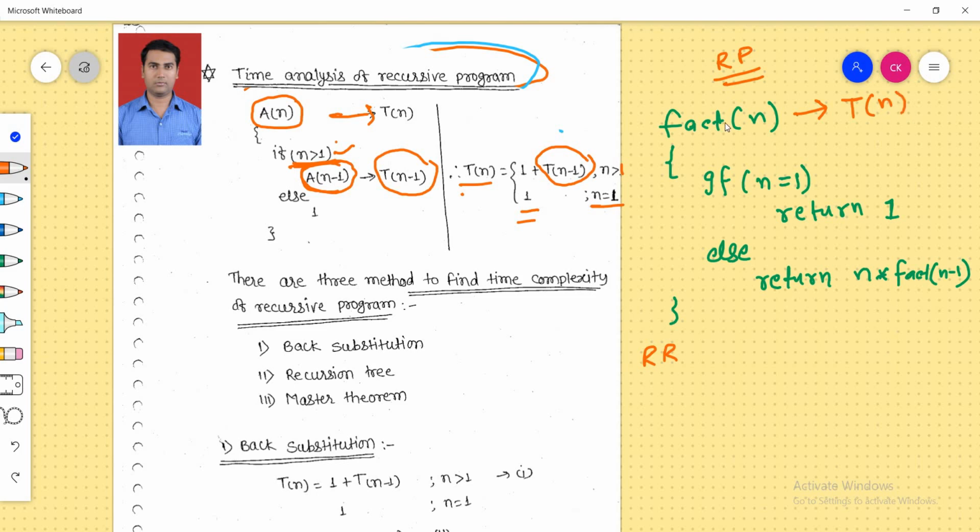So of course, if fact of n takes T of n amount of time, then fact of n minus 1 will take how much time? T of n minus 1 amount of time.